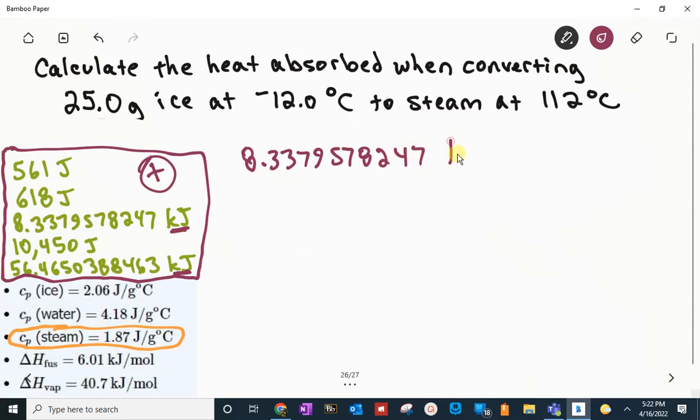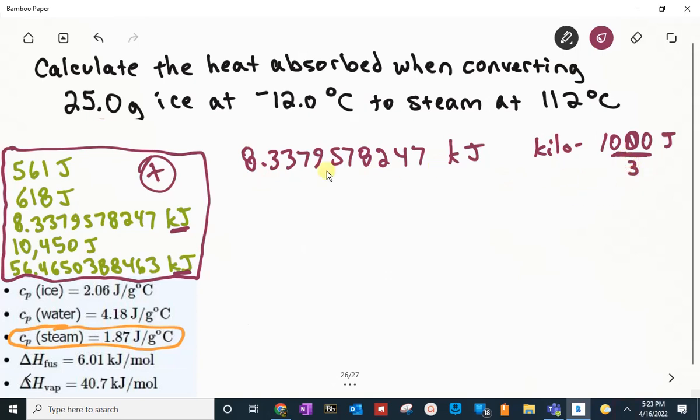8.3379578247 kilojoules. Kilo means 1,000 joules. So if 1,000 joules is 1 kilojoule, and 1,000 has 3 zeros in it, all we need to do to convert kilojoules to joules is to move the decimal point over 3 times.